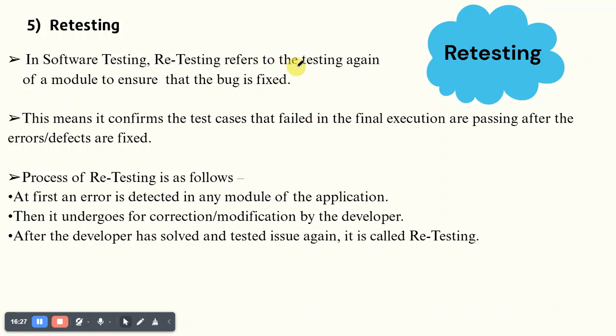If a bug is found again, then it moves to the developer side. This kind of cycle will go on again and again if it is not meeting the requirement as expected. So it's simple, testing one module again and again in a cycle. This confirms that the test cases that failed in the final execution are passing after the errors and defects are fixed.